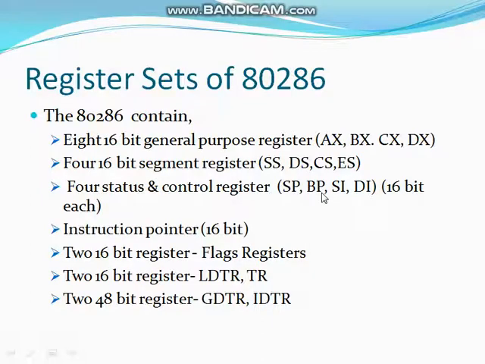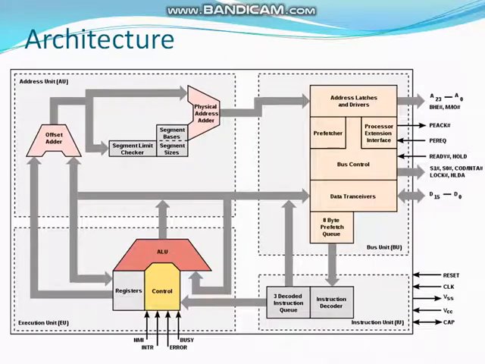These are the base registers, 16 bit, instruction pointer, 16 bit, flag register, and these are two different registers, the local descriptor table register and task register, which are 16 bit, and the global descriptor table register and interrupt descriptor table register of 48 bits. They are basically used in the second mode, called the virtual addressing mode.